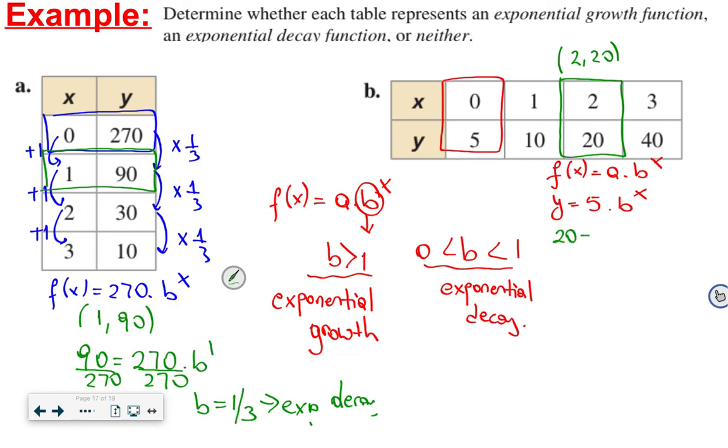Substitute: 20 is equal to 5 times b to the power 2. If we divide both sides by 5, b squared will be equal to 4. Take the square root of both sides, b is equal to 2, which is greater than 1. That's the reason this is exponential growth. So we determined that.